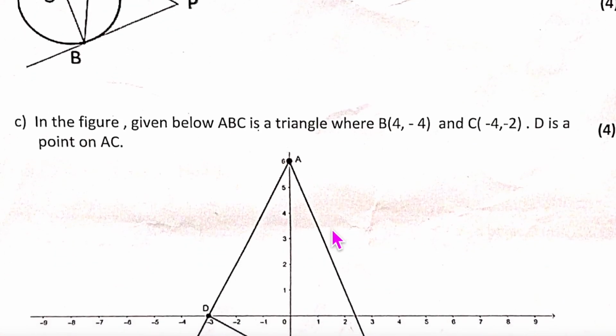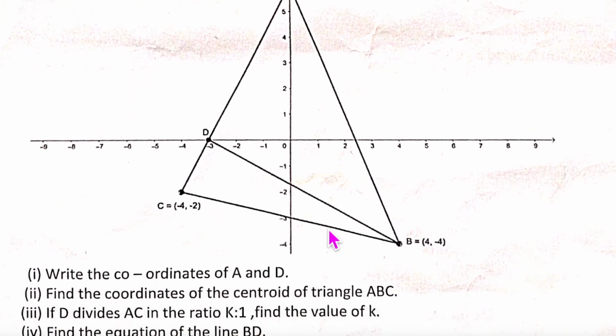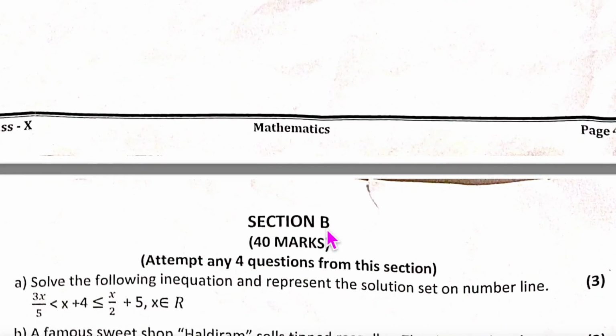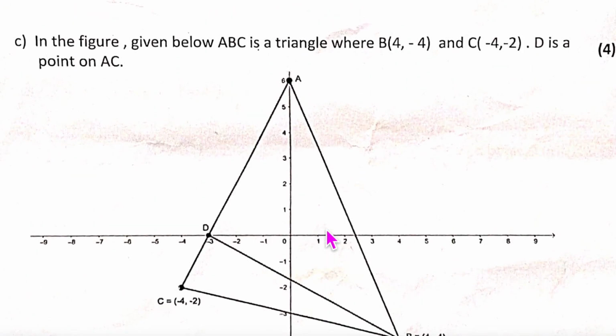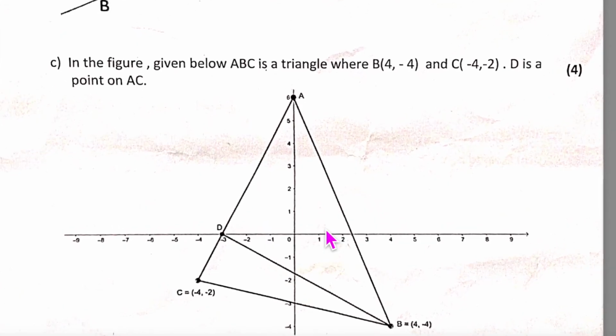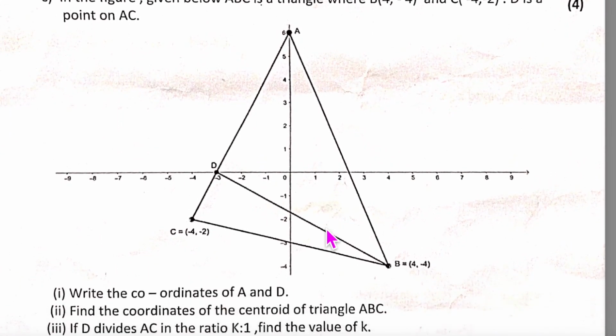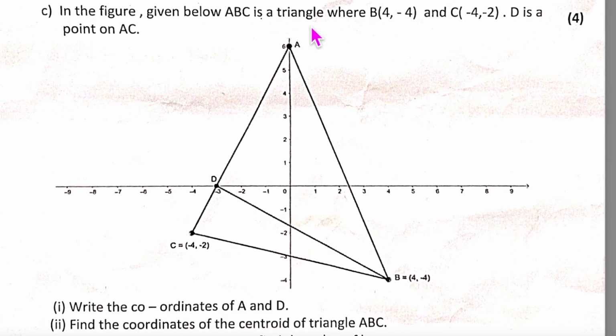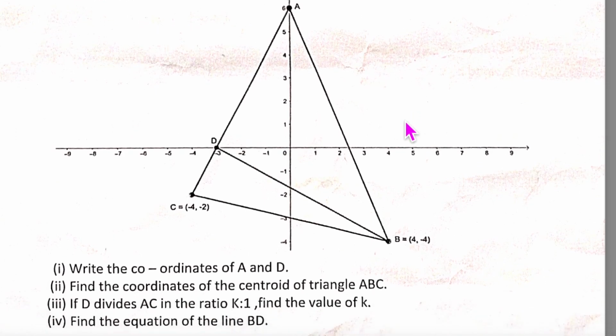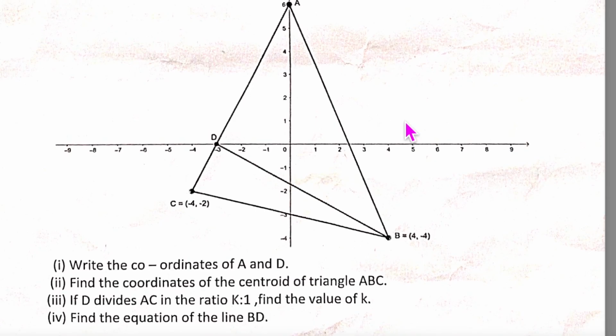All right, so this is section A, the last one. They are saying, given below ABC is the triangle where B, C and D are points on it.